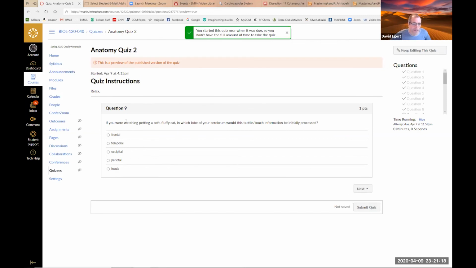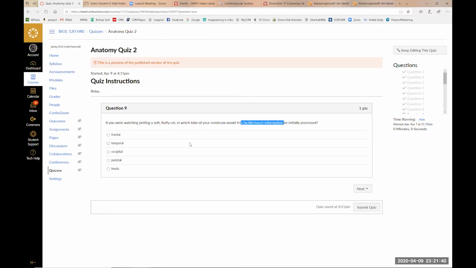This is a typo, if you're watching: petting. If you were petting a soft fluffy cat, where would the tactile touch information be processed? Parietal, where you have that somatosensory cortex.